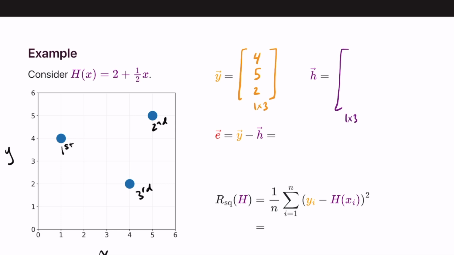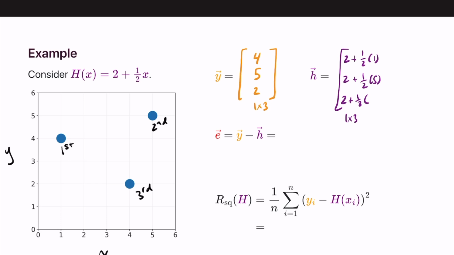This will be 2 plus 1/2 times 1, and this will be 2 plus 1/2 times 5, and for our last one, 2 plus 1/2 times 4.